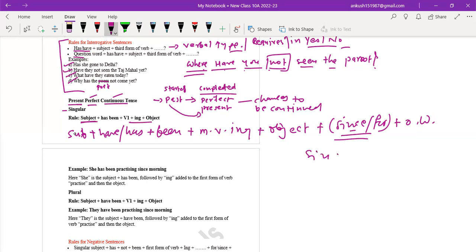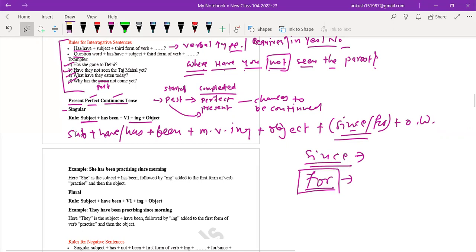So since is used over a period of time, and for is used for a particular period of time. For is used to specify the perfect time period, and since tells you the uncertainty of the starting of the action in the past.